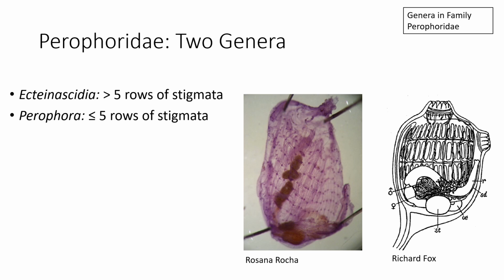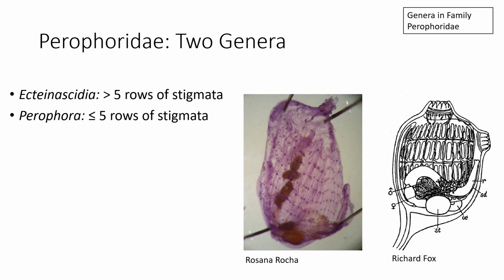And in this really nice photograph, you can count 1, 2, 3, 4, 5, 6, 7. I see at least 7 rows of stigmata. Again, just the horizontal rows in that grid-like mesh structure. More than 5 rows of stigmata, Actinidea.